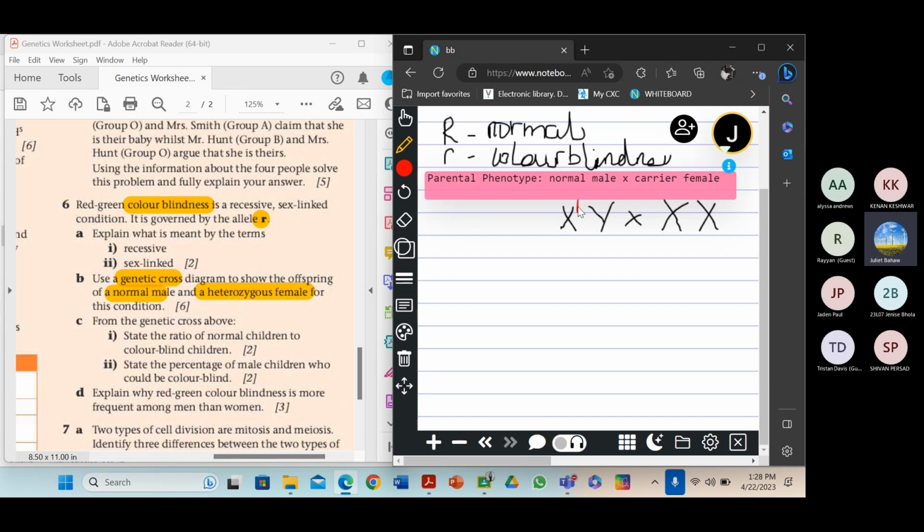So nothing going on the Y. The minute you put something on the Y, you don't understand what a sex-linked disease is. Only the X chromosome will carry an allele. Tell me, what is the carrier female now? A capital R on one X and a small r on the other X. Very good. So we have our carrier female, we have our normal male.